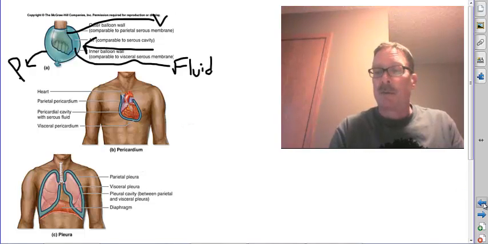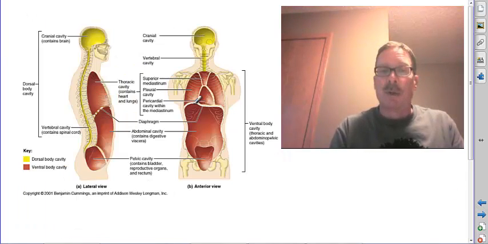I don't have a picture of the membrane surrounding the abdominal cavity, but that is called the peritoneal. And if you've ever heard of peritonitis, it just means swelling of that membrane, the parietal portion surrounding the abdominal cavity, and the visceral portion wrapping around the many organs that are in here.